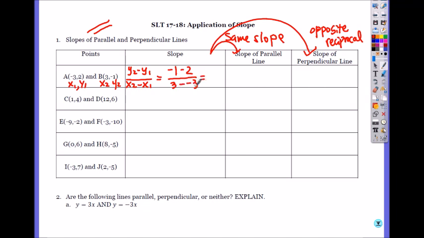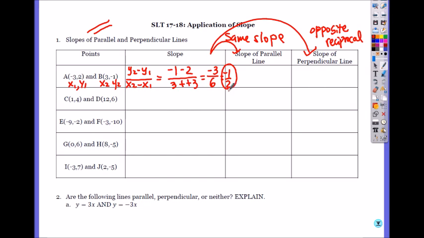So what is negative 1 minus 2? Minus 3. Minus negative becomes plus, so it becomes 6. So when you simplify it, you get negative 1/2. You always write your slopes in fraction form, okay?